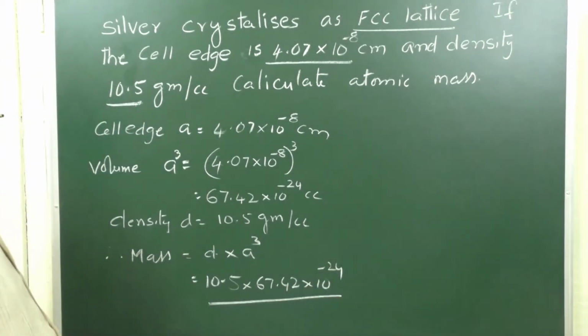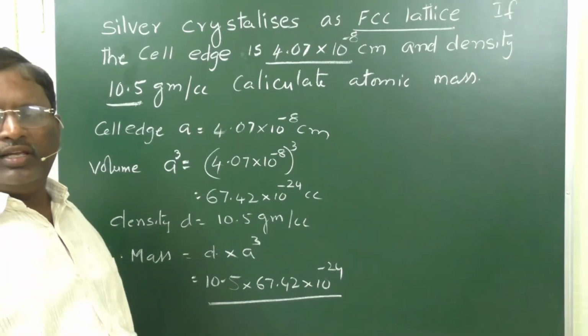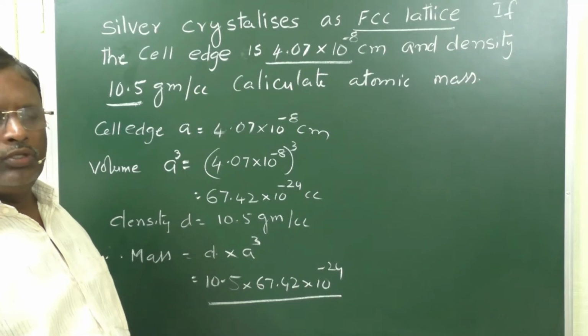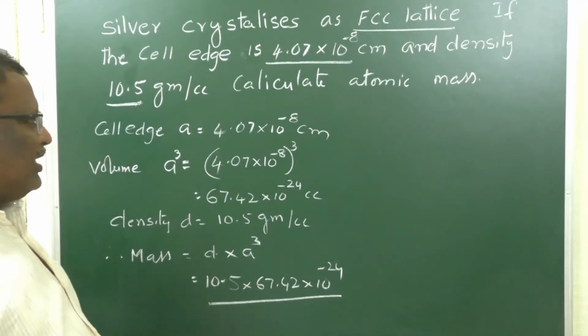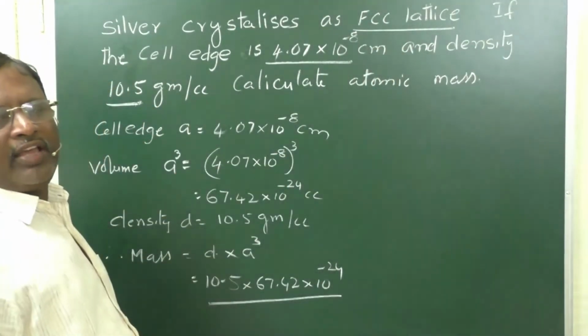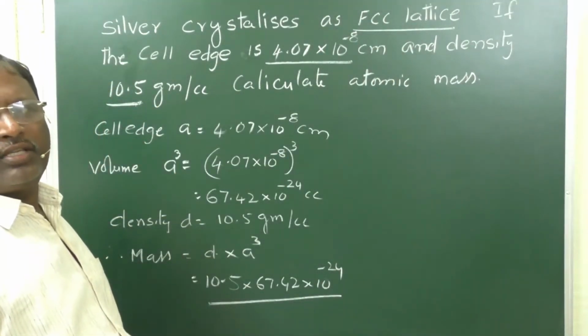This is the mass of the unit cell and it is nothing but the mass of 4 atoms, because it is an FCC lattice. In an FCC lattice, each unit cell contains 4 atoms.